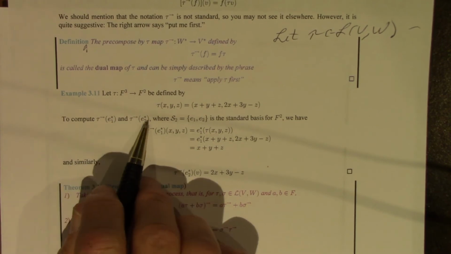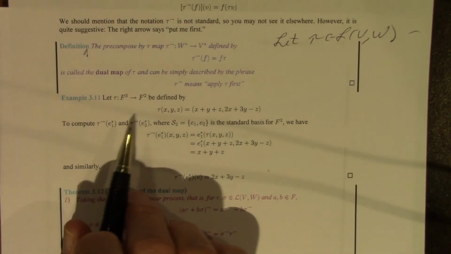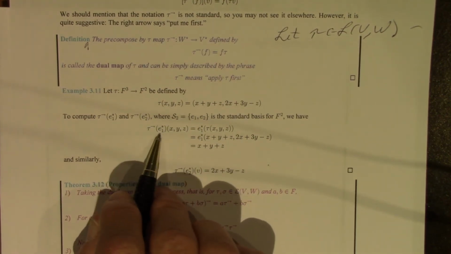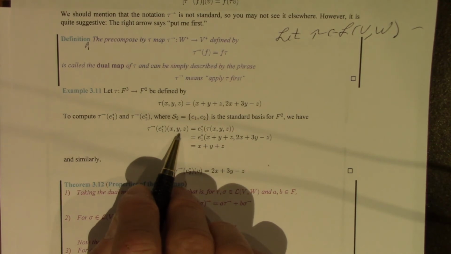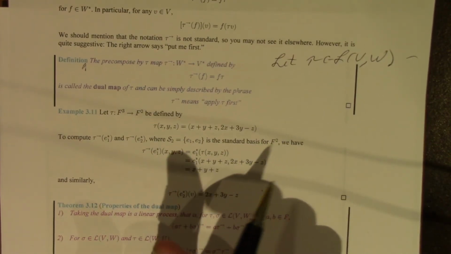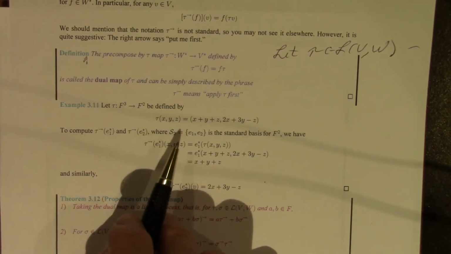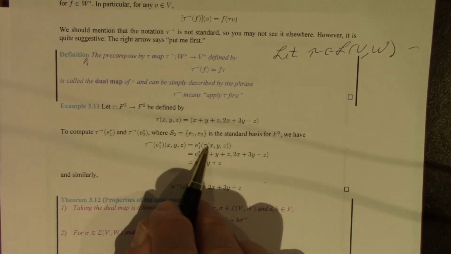So if I can find these values, then of course I know tau arrow on everything. So tau arrow of E1 star applied to an arbitrary vector in F3.